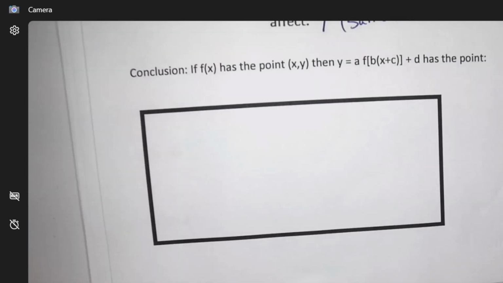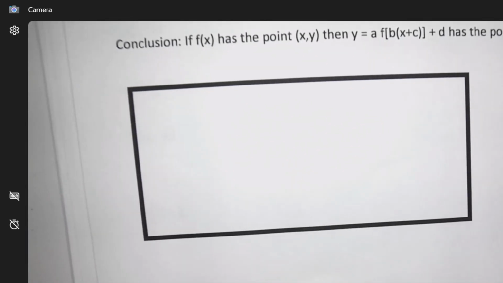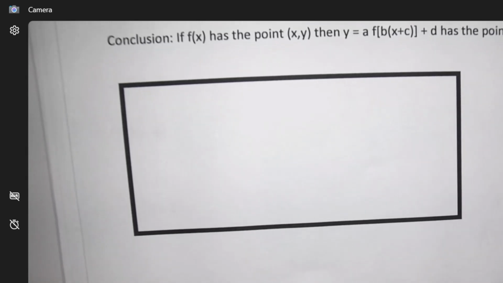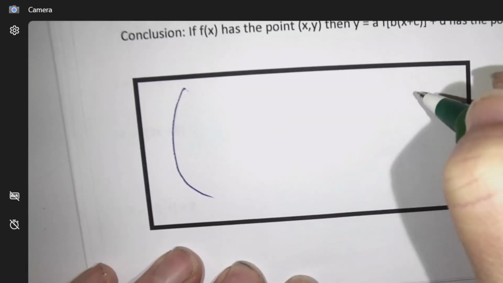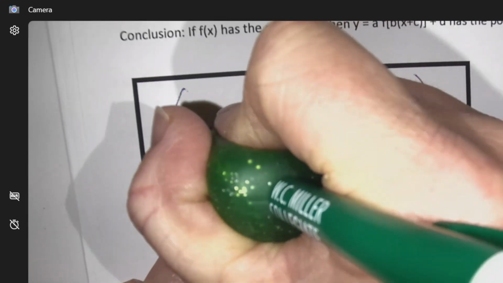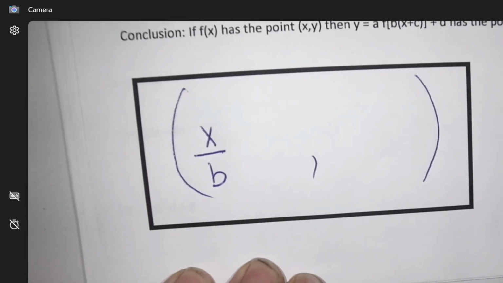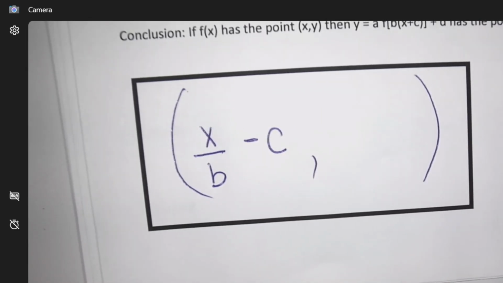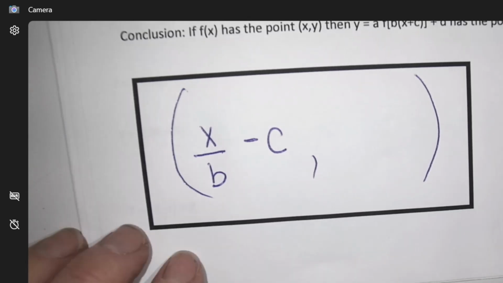All right, this box is the box that you need to make sure that you have memorized. How do you make a coordinate with all of those things involved? We divided by the B and we subtracted the C. So what did I do there?